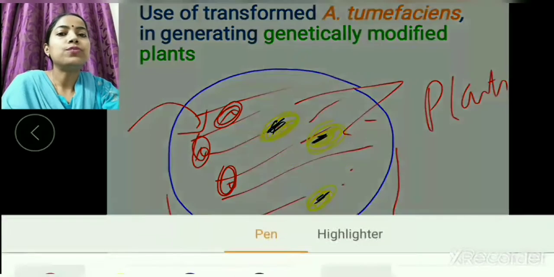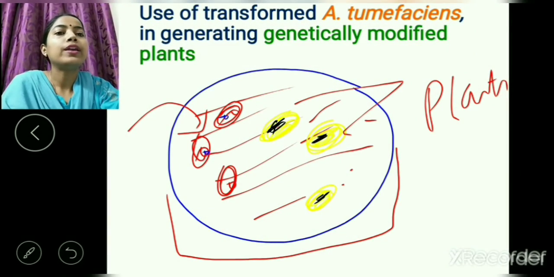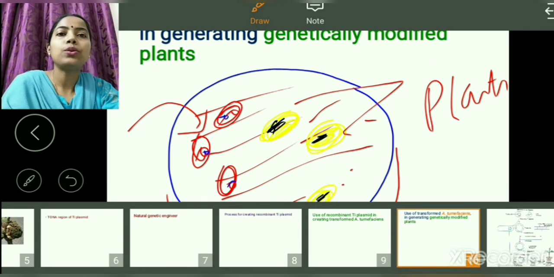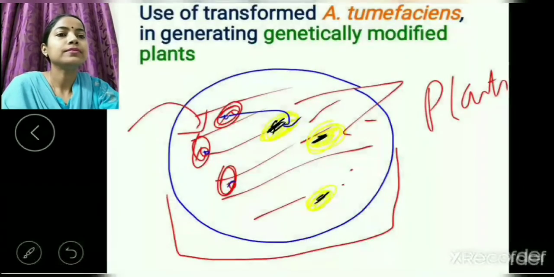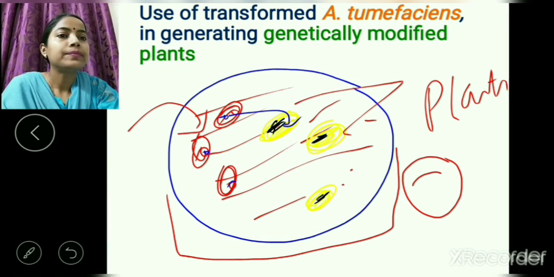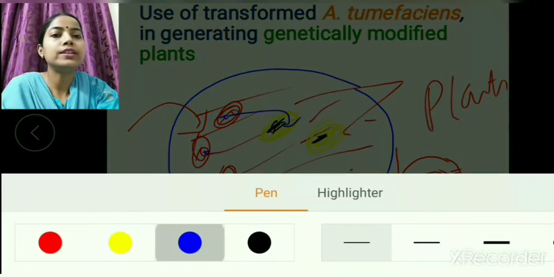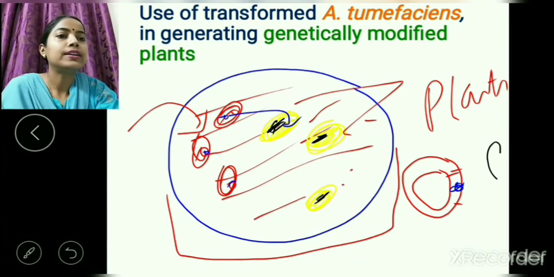They will transfer our foreign gene into the plant cell genome. How? They inject their Ti plasmids into the plant cells. Like here, this is the Ti plasmid, here is the tDNA region, and in between there is a foreign gene, and in front of them there are plant cell chromosomes.